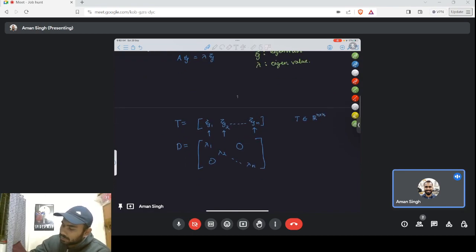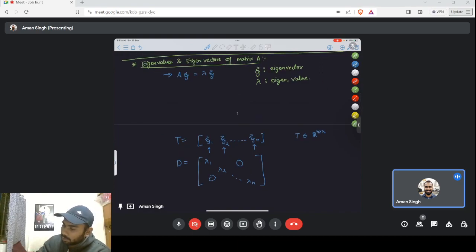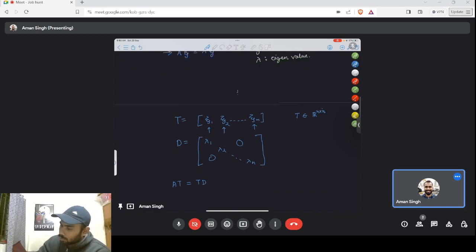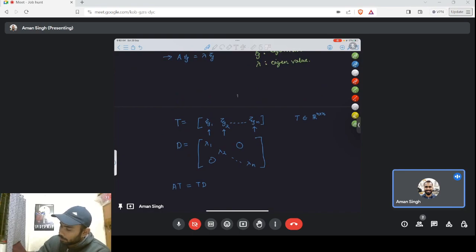Now we can write this eigenvalue equation in matrix form as follows. Take a moment of pause and think about what I have written here.